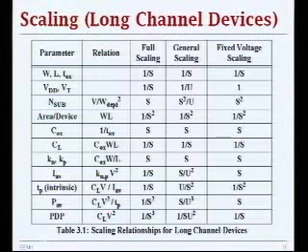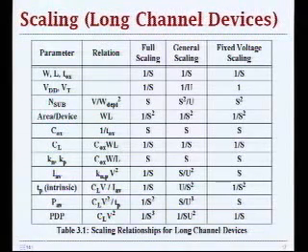Because when you increase voltage beyond the velocity saturation point, then to a first order you are no longer benefiting performance. There are actually two reasons for that. One is that there are other voltages that are dependent on the material structure, such as the built-in potential, the junction potential for the PN junction.